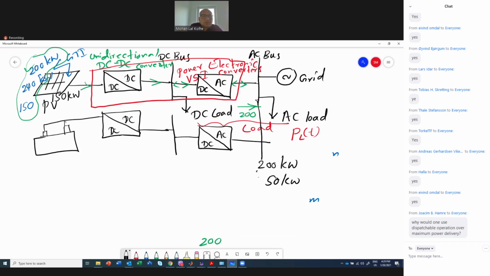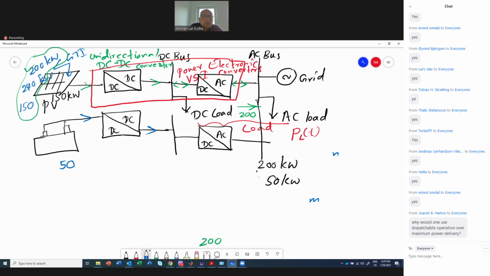Not like in the PV system, here the power can be delivered in this direction. That means in this particular case, the PV system provides 150 and the battery provides 50. So power delivery is in this direction. But during this situation, 240, you need to provide only 200 to the load.